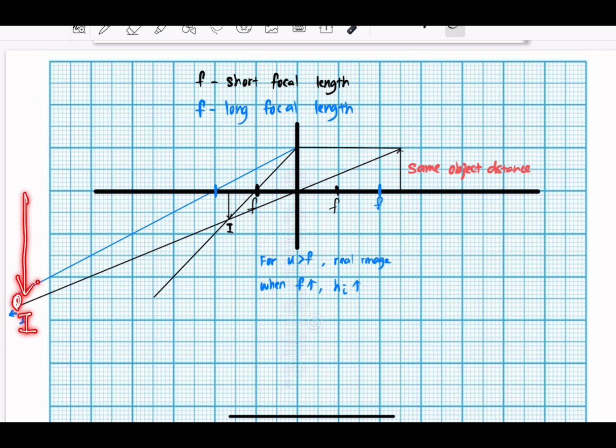This is the size of the image. Is that obvious? When the focal length increases, the size of the image will increase also.